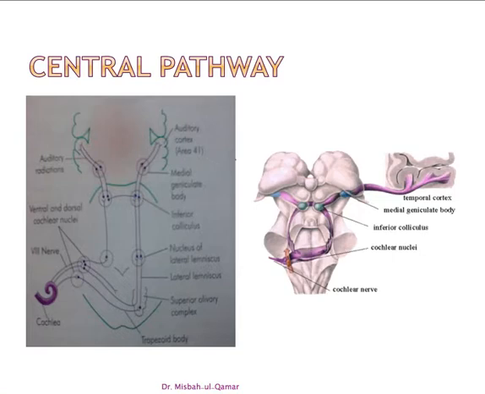Now the fibers of third order neuron end in the medial geniculate body which forms the subcortical auditory center. There are some fibers which terminate in the inferior colliculus and the medial geniculate body.